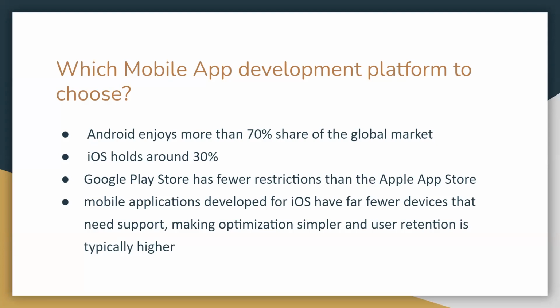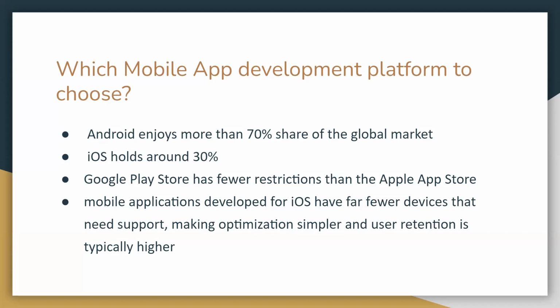And Google Play Store has fewer restrictions than Apple Store. Apple Store has lots of restrictions. You have to update your applications, I think, within 6 months. You have to follow their guidelines. They have tough restrictions when it comes to uploading your applications on Apple Store than Google Play Store. Mobile applications developed for iOS have far fewer devices that need support.